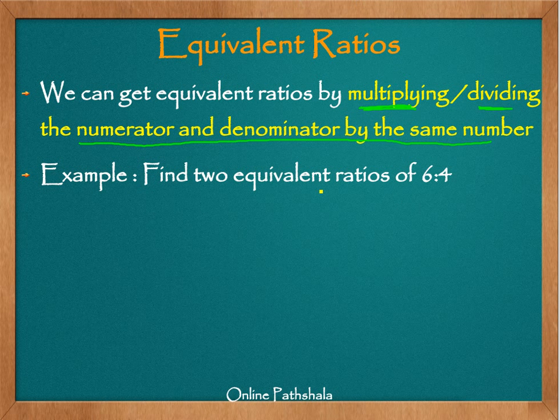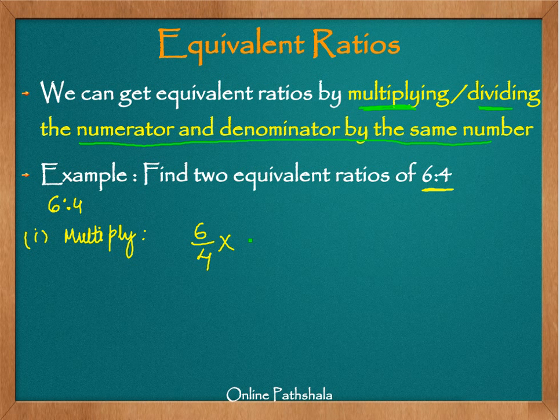Find two equivalent ratios of 6:4. So we have a ratio of 6:4 and we have to find equivalent ratios. Now we will take both the methods. We said that we can either multiply or divide. Let's take first the multiplication method. In this method we'll just multiply both the numerator and denominator, that is 6 by 4, by the same number.